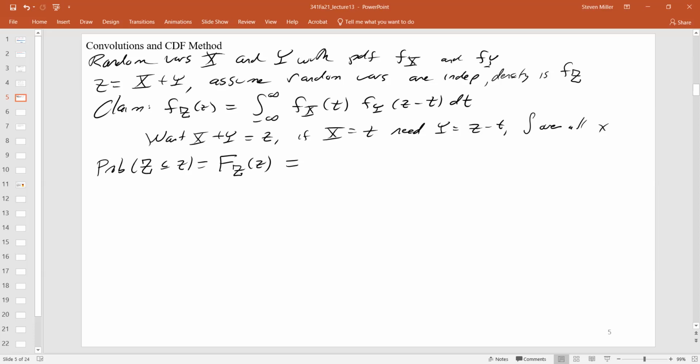The probability that big Z is at most little z is the cumulative distribution function. How would we calculate this? It would be the integral over f_X(x) f_Y(y) dy dx, where we want x plus y to be less than or equal to little z.